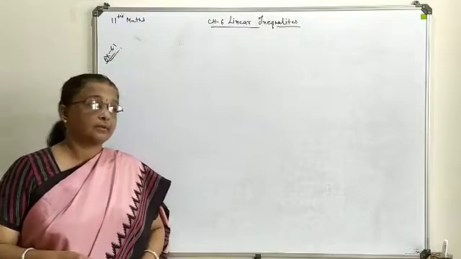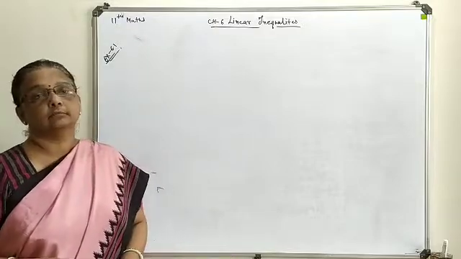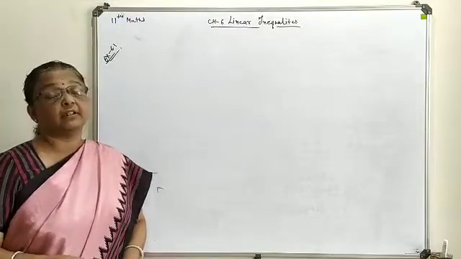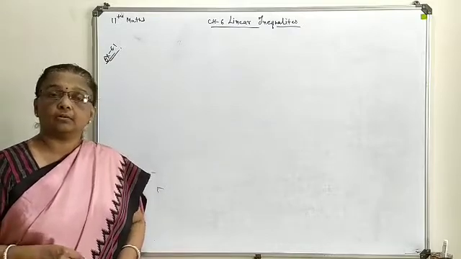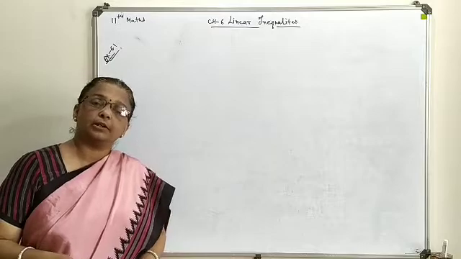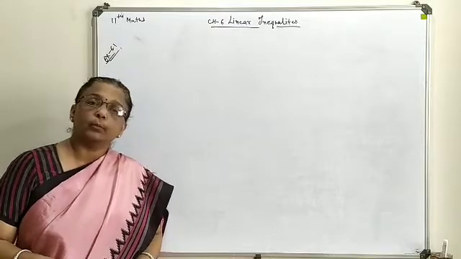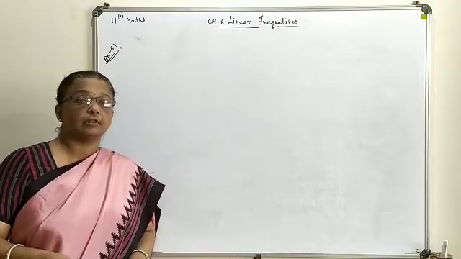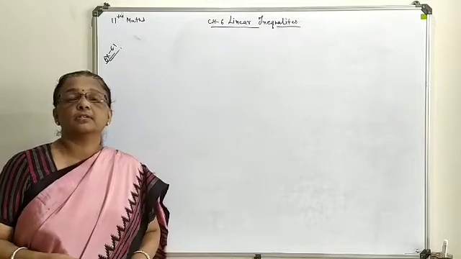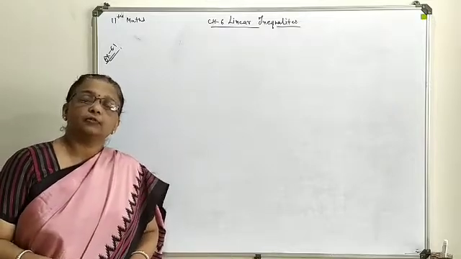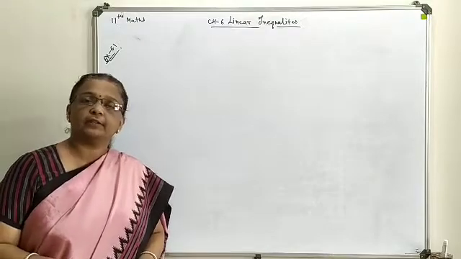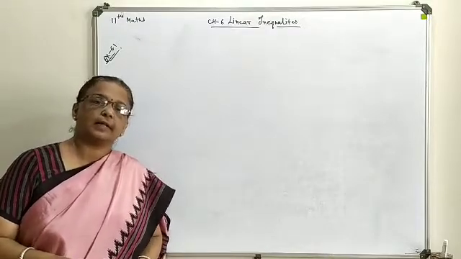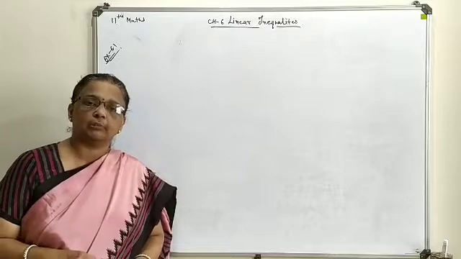As in set theory, we introduced the interval form and its presentation: closed interval, closed and open interval combined, and open interval on a real line. So here also you will present the solution of the inequality on a real line, graphically, as per the greater than and less than signs available to you.